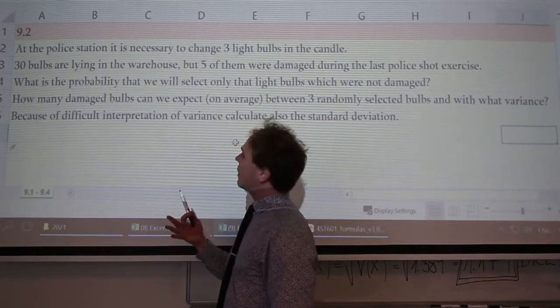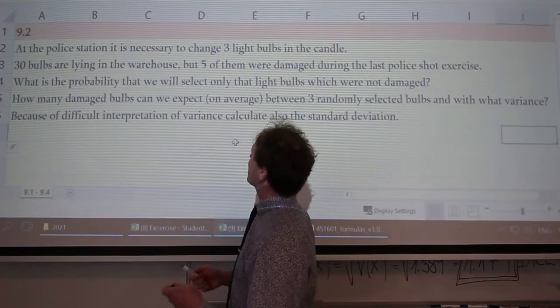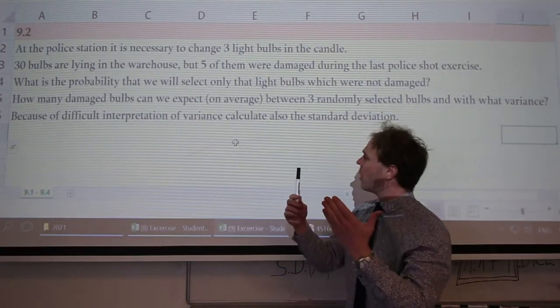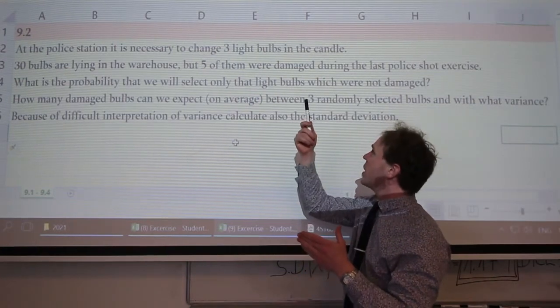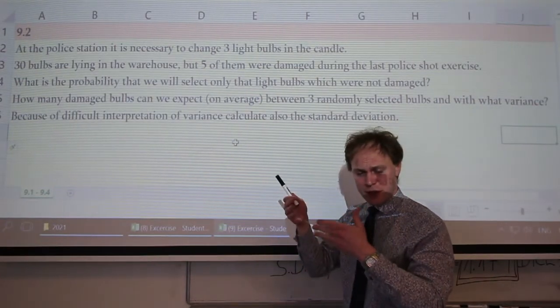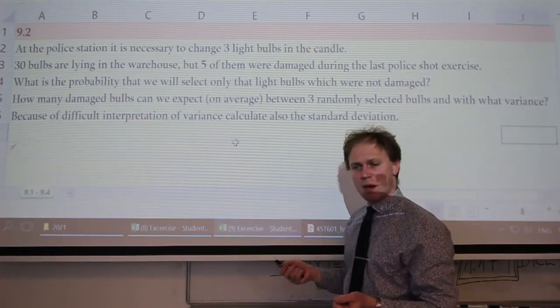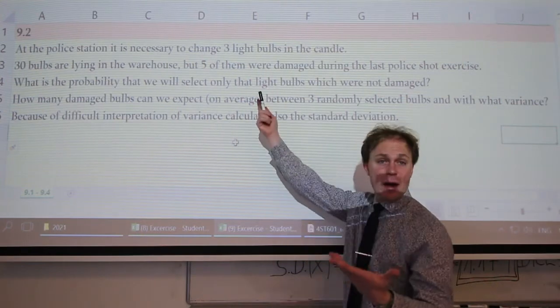We have another example. At a police station, it is necessary to change 3 light bulbs in a candle. So there is a candle, and 3 light bulbs need to be changed. We have bulbs in a box in the warehouse.